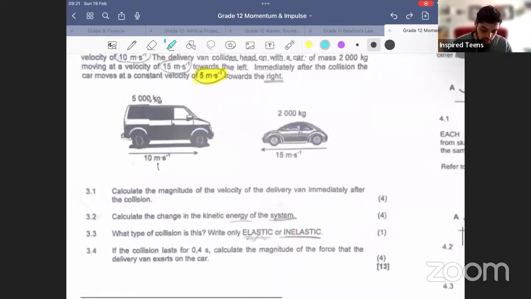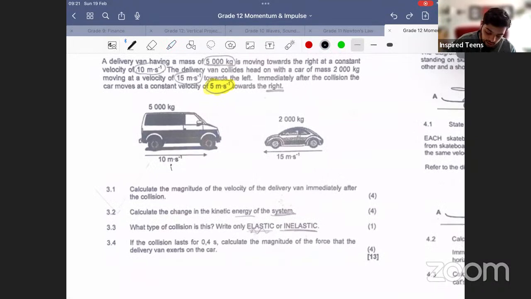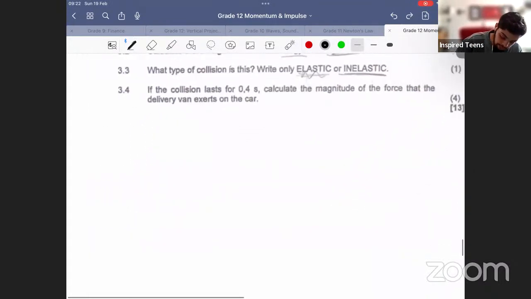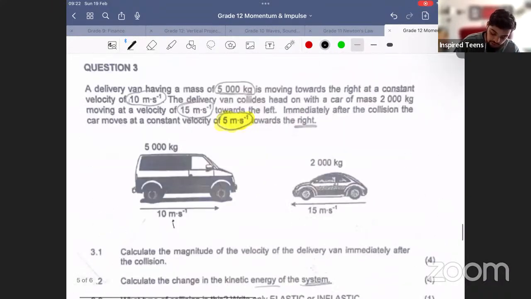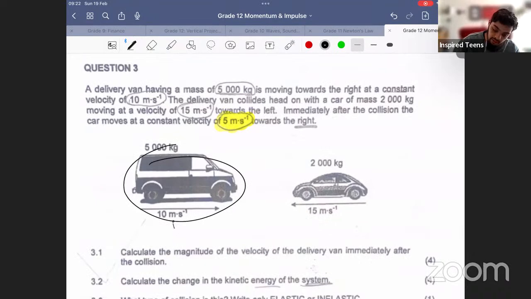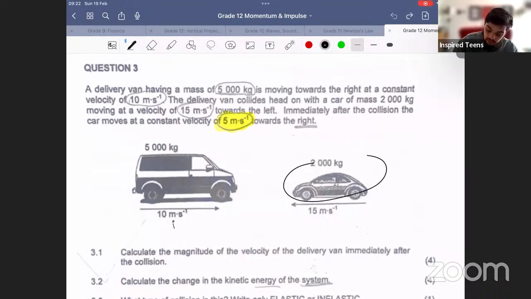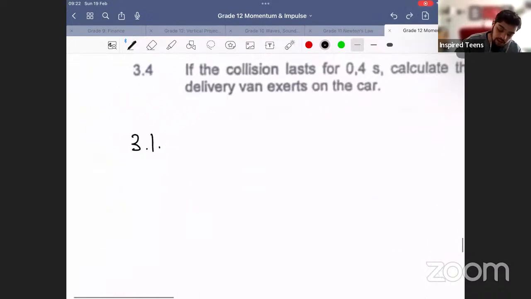Okay, so it says, number 3.1, calculate the magnitude of velocity of the delivery van immediately after collision. So conservation of linear momentum. We have two things, a car and a van, this car and this delivery van. So that's why we add up the momentums initially.